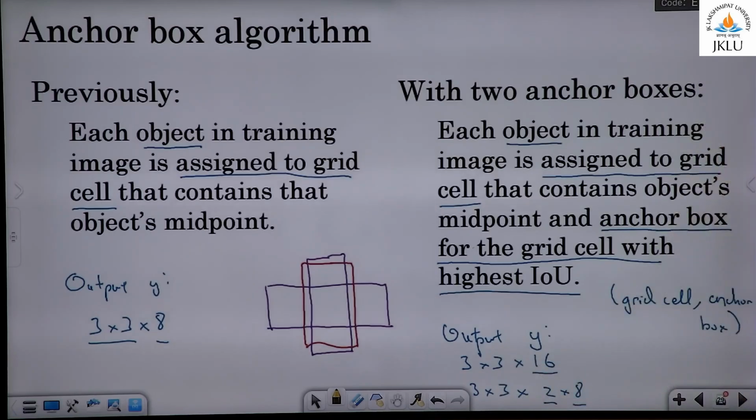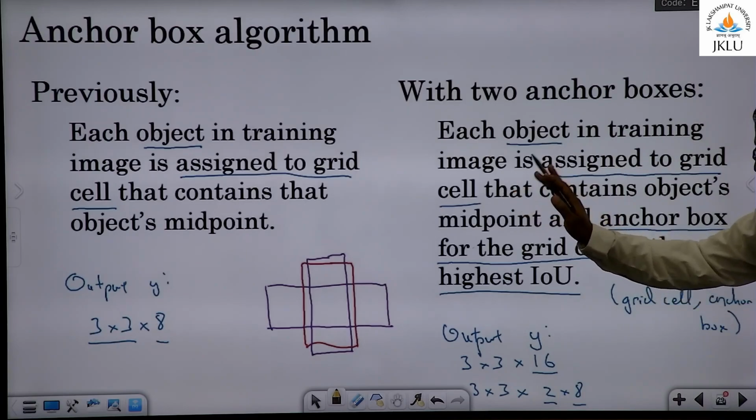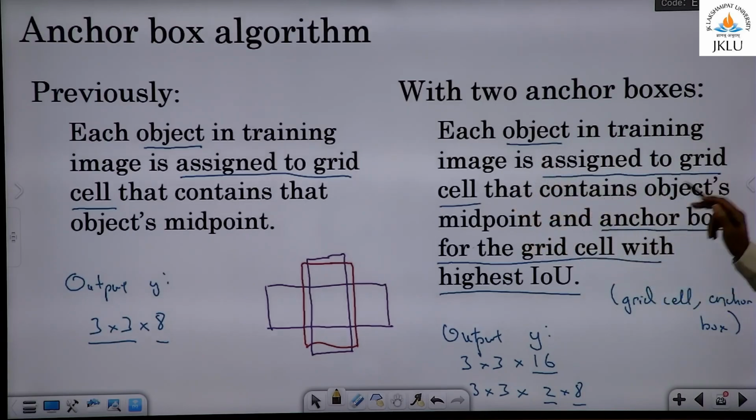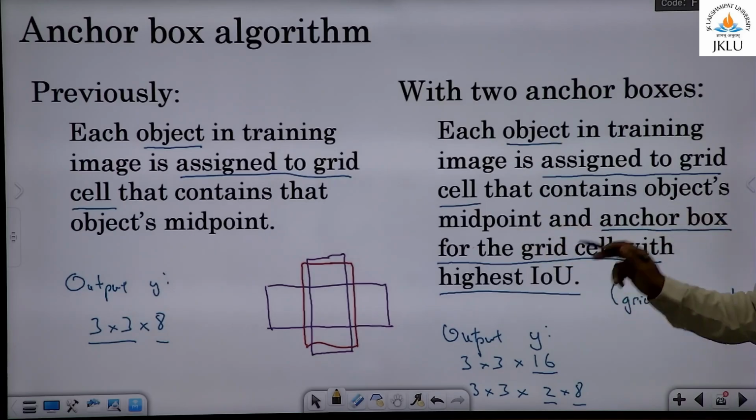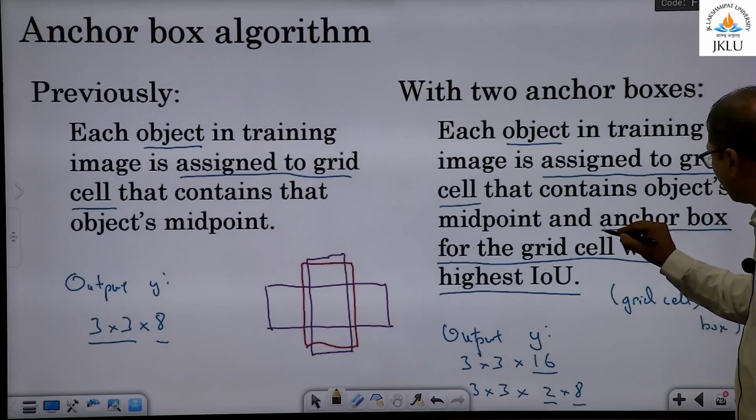So let's reread this. Each object in training image is assigned to a grid cell, fine, that contains object's midpoint and anchor box for the grid cell with highest IOU. What about, I don't understand this thing.